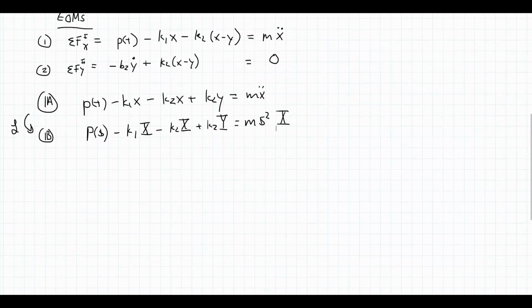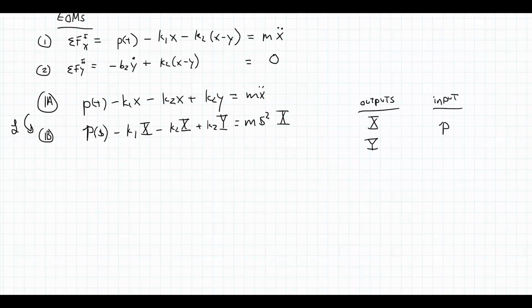So in 1b, I have X, I have Y, I have P. This is where, again, I need to track my outputs and my inputs. So outputs, I have X and I have Y. And I only have one input into my system, and that will be P. And I'll put a little loop on here to make sure we remember this is capital.